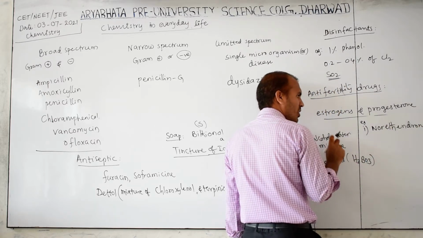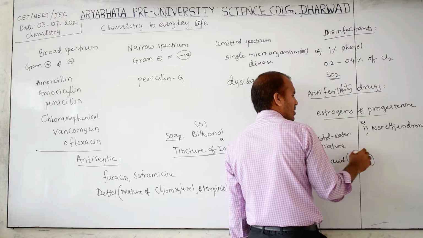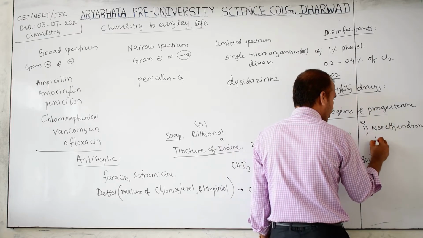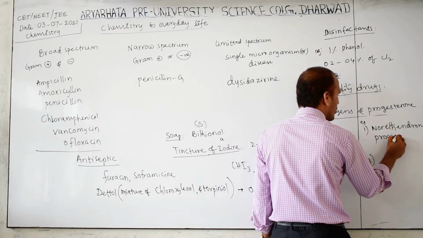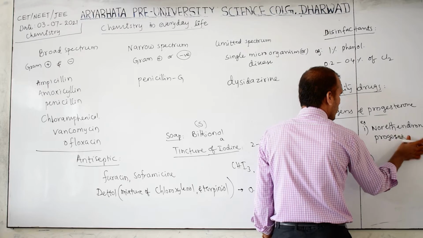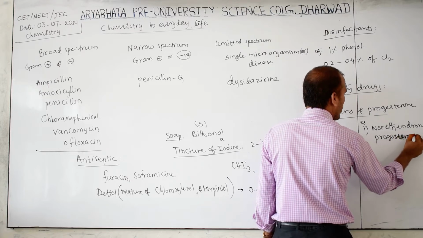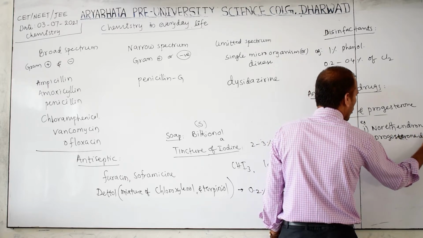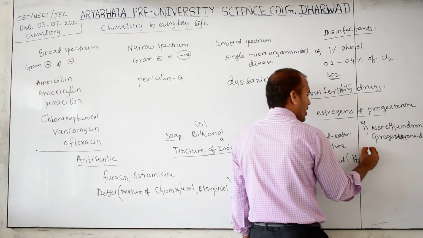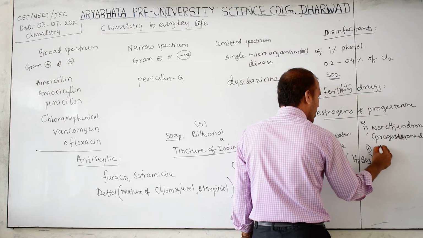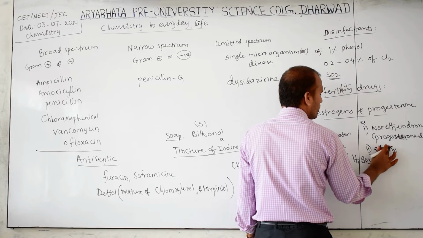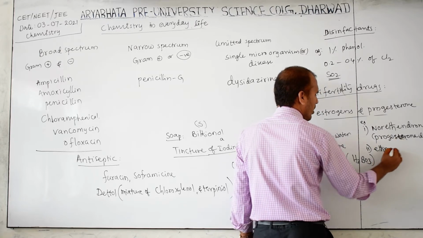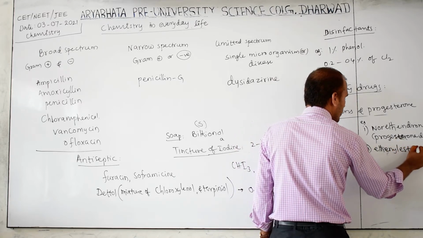Norethindrone is one of the anti-fertility drugs. This is a progesterone derivative. Another one is ethynylestradiol.